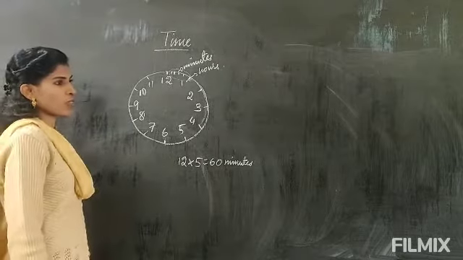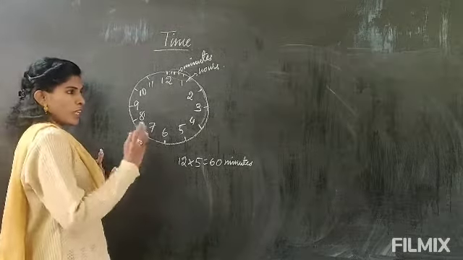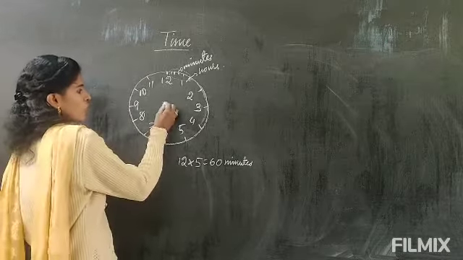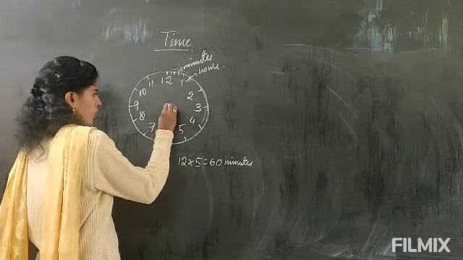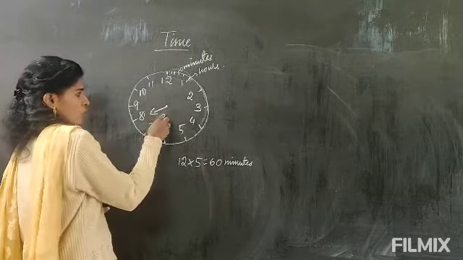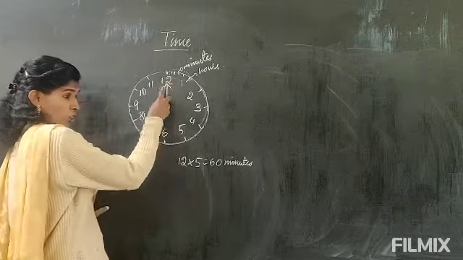Now let's see the hands of the clock. There are mainly 2 hands. One is short and one is longer. Let me give one example. This is short, and I am drawing a longer one. This is a longer hand.